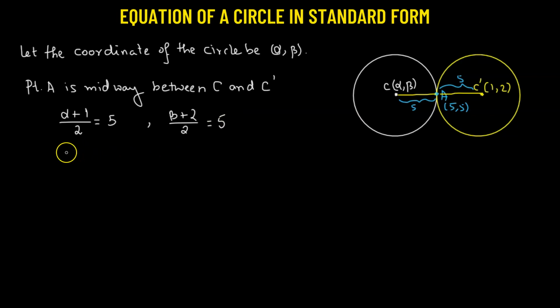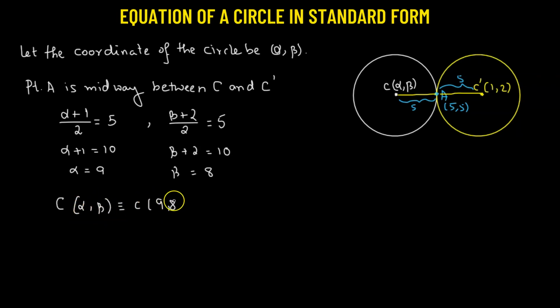And this is going to help us solve for the values of alpha and beta. So we have alpha plus 1 equals 10, so alpha is going to be equal to 9. Then beta plus 2 equals 10, so beta equals 10 minus 2, that's going to be 8. So we have found out the coordinate of the center C. Alpha and beta came out to be (9, 8).